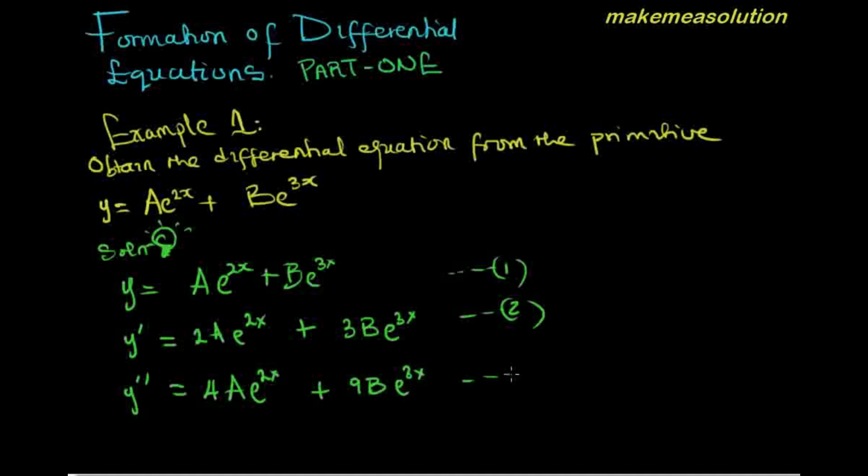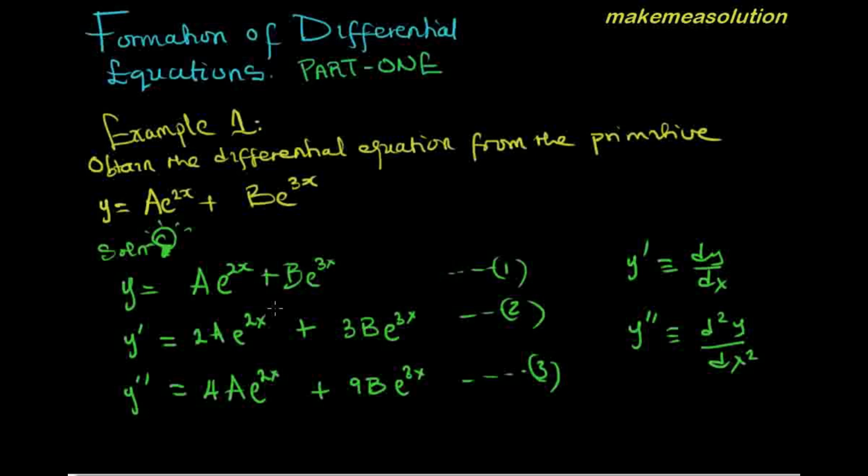So this is our equation 3. Okay, so we are going to be using the likes of y prime to stand for dy/dx, and y double prime actually stands for d²y/dx², and so on and so forth. Okay, so please take note of these terminologies.